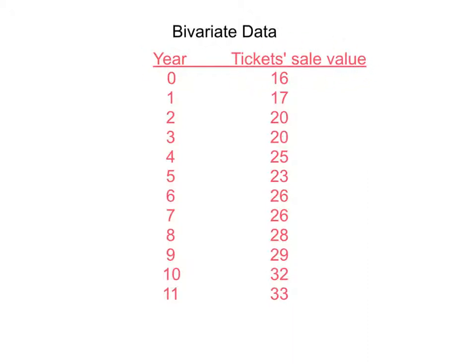So what I've copied for you is just a table that shows ticket sale value, and this is in billions of dollars here. This doesn't mean they're worth just $1 each, but this is billions of dollars of ticket sales over an 11-year period. When we work with data like this, we always say that the first year is year zero.